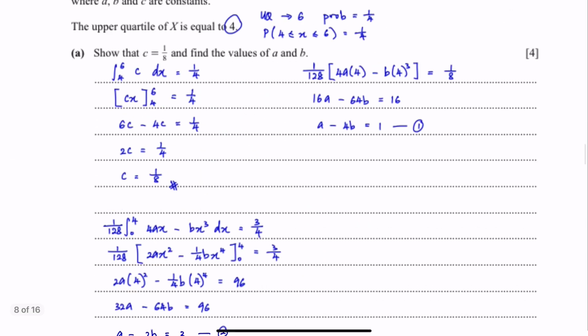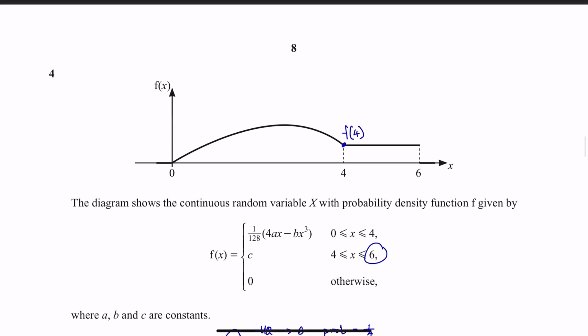Part B. Find the exact value of the median of x. So we know that the probability from 0 to the median would be 1 over 2. And we know that the probability over here is 3 over 4.